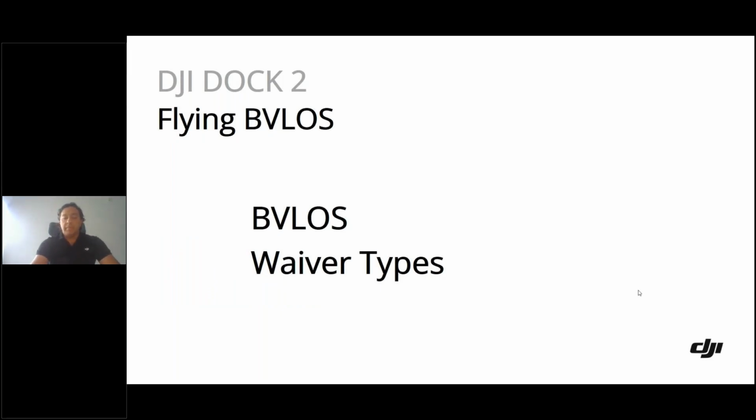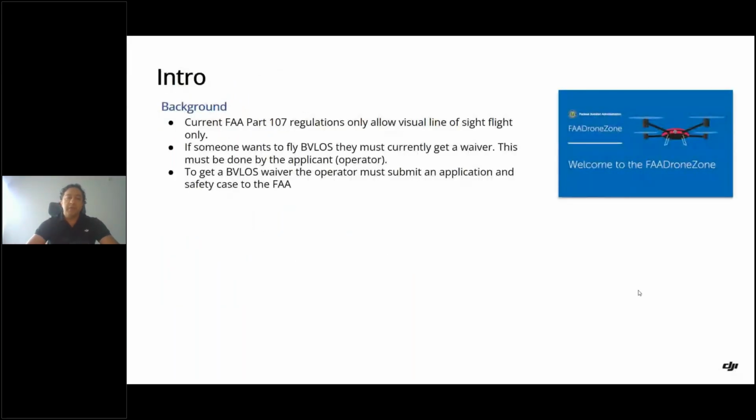So first of all, the BVLOS waiver types section. Let's start with some context. Right now, if you want to fly for commercial purposes in the US, you have to follow Part 107 regulations, which only allow for visual line of sight.